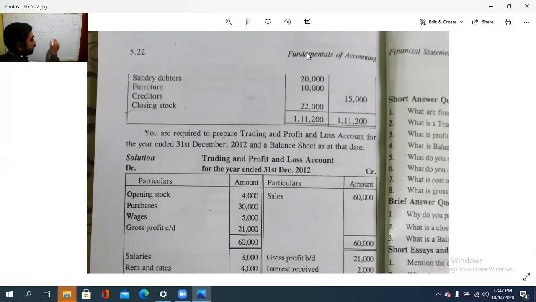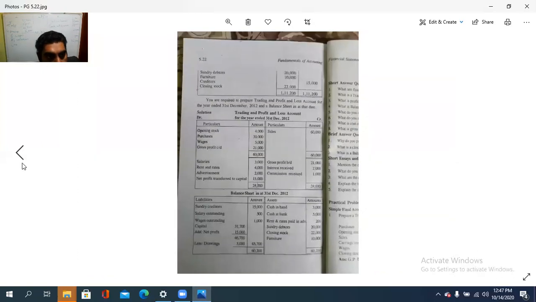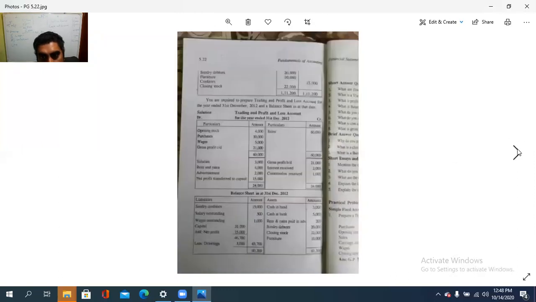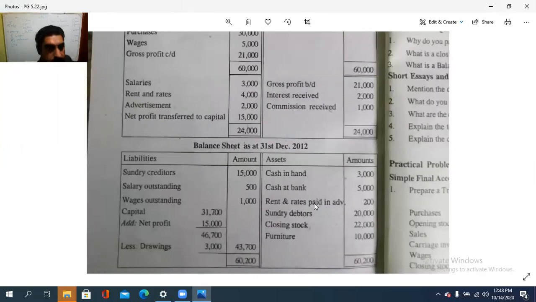Then furniture, 10,000. Then closing stock, 22,000. Then here creditors, 15,000. And one more item, we forgot to put this one, rent and rates paid in advance, 200. See, rent and rates paid in advance, 200.